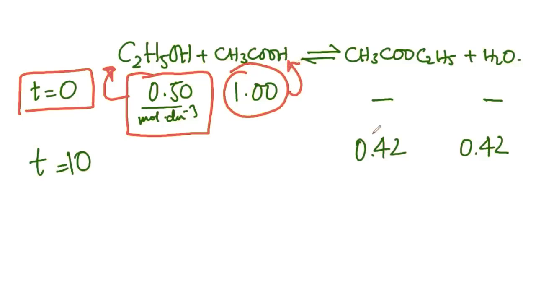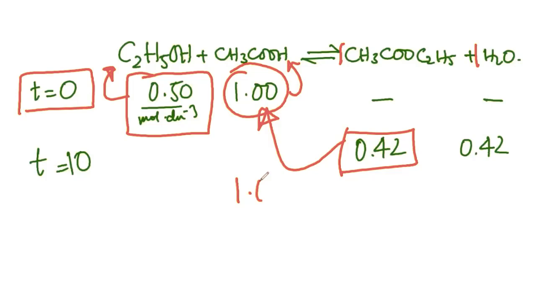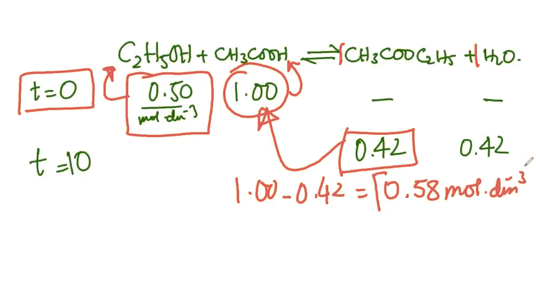At equilibrium, we got 0.42 moles, and we know that the molar ratio is 1:1, so we have 0.42 moles of ethyl ethanoate. It means that 0.42 moles of the ethanoic acid is being consumed. So how much ethanoic acid do we have? That is 1 minus 0.42, which is equal to 0.58 moles per dm cube. This is the concentration of ethanoic acid at equilibrium.